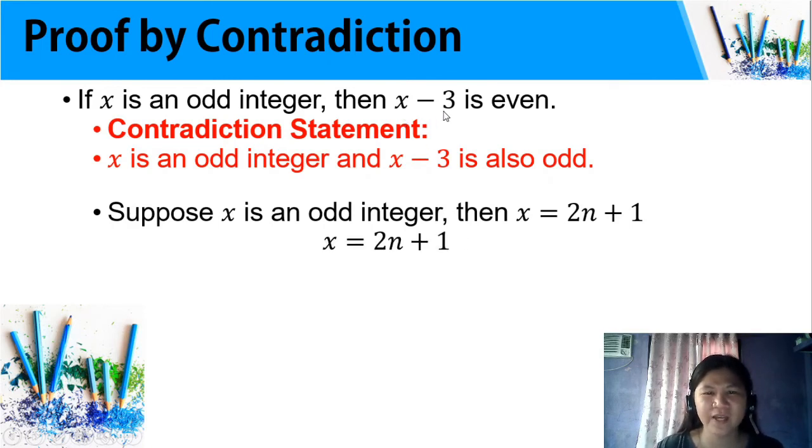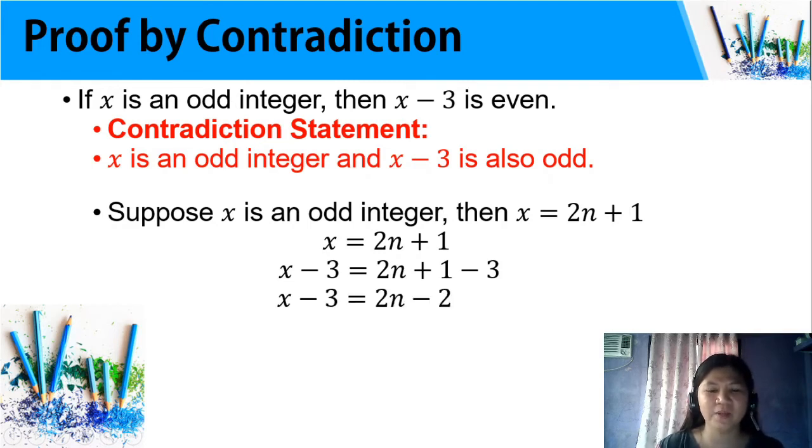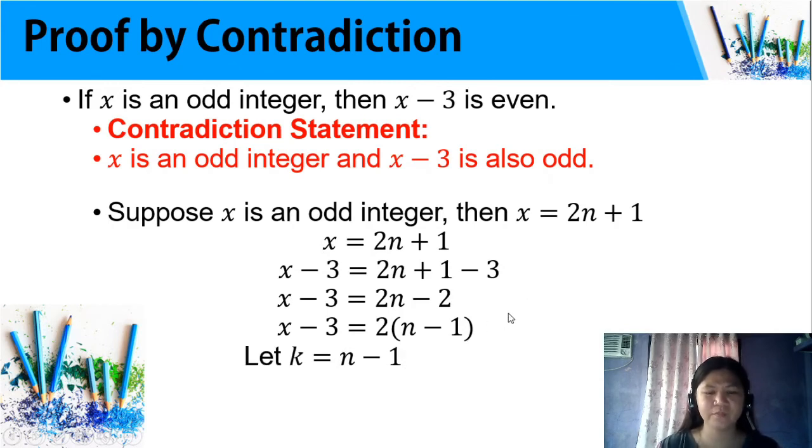To derive x minus 3, all we have to do is subtract 3 from both sides of the equation, giving us x minus 3 is equal to 2n plus 1 minus 3. By algebraic manipulation, we have x minus 3 is equal to 2n minus 2. Then we factor out 2 to determine whether the right side of the equation is even or odd.